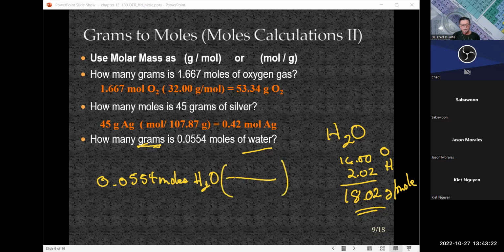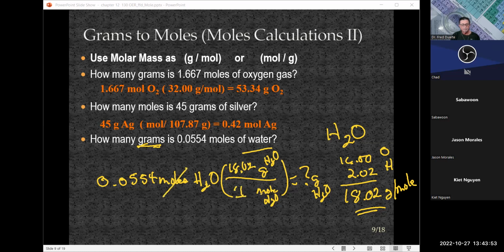Eventually, depending on yourself, you may not have to go through all the steps I'm doing. So how many grams? That's what I'm looking for, units of grams of H2O. So I need moles in the denominator and grams in the numerator, grams of H2O per mole of H2O, which is the molar mass. So it's 18.02 in the numerator and 1 in the denominator.